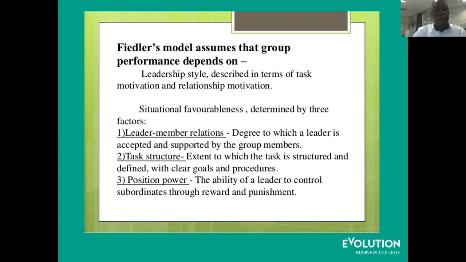And then position power, the ability of a leader to control subordinates through reward and punishment. We all know that when there's a high reward, when the stakes are high, the performance is really high. Look at the Olympics and the athletes in the competitions, look at the tennis players, when they know there's $2 million on the line, the performance is really quite different.